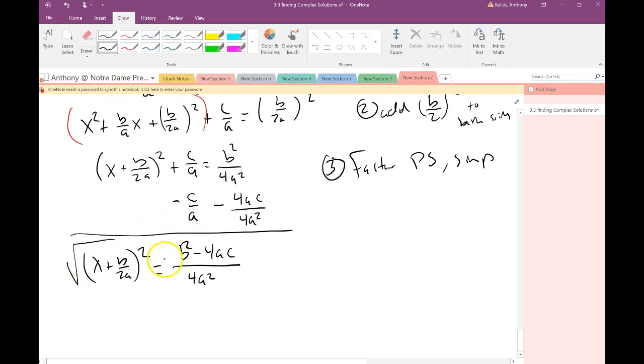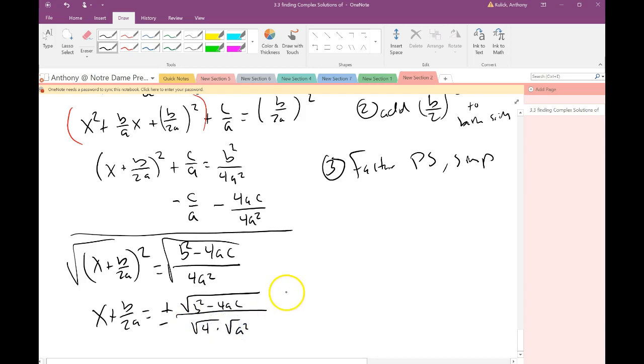I'll square root both sides, and because I'm square rooting both sides, I get a plus or minus. If I use the quotient property, I can apply that square root to the top and that square root to the bottom, and in the bottom, if I apply the product property, I get square root of 4 over square root of a squared.